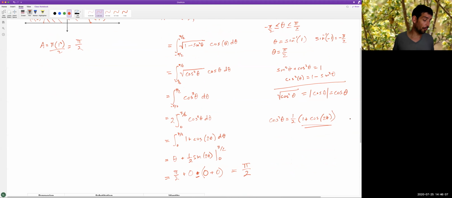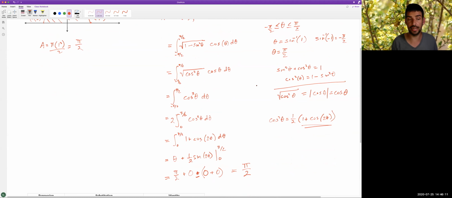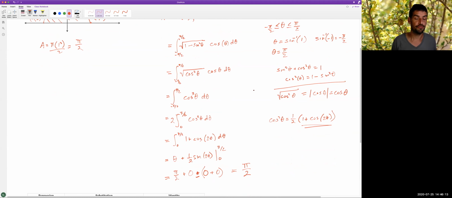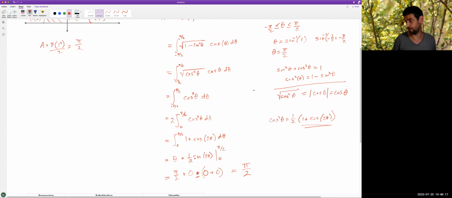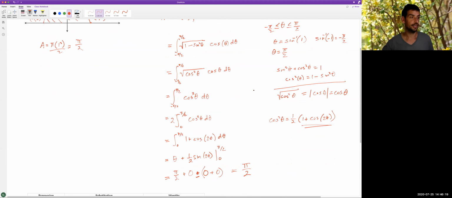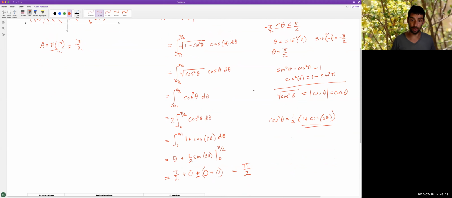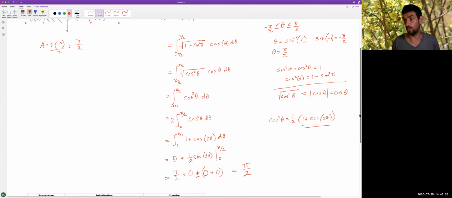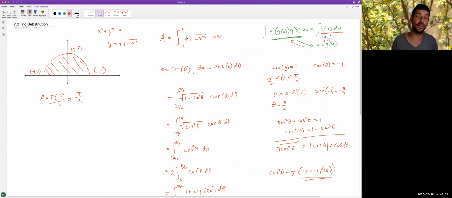So obviously, this is not the best way to handle finding the area of a circle. We have a well-known formula that makes our lives a lot easier for doing that kind of thing. However, when we see integrals of this form, they're not always going to be circles.